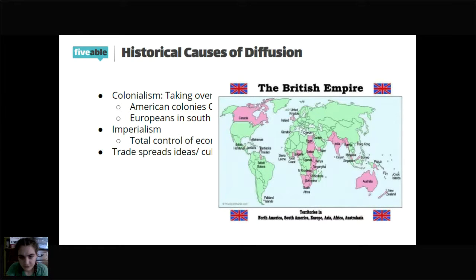Do countries that have been colonized tend to be more developed? Well, I'll let you guys answer that. If you look at the map we looked at, are these countries developed? India is developing, but it's not that developed.